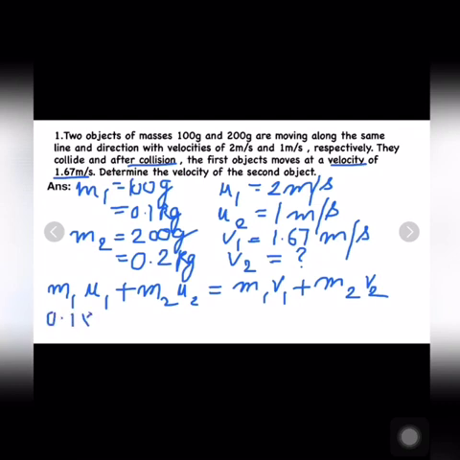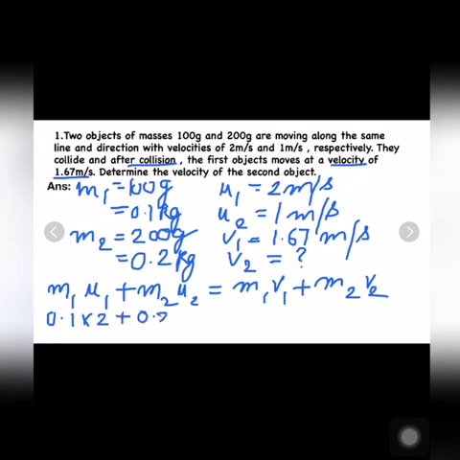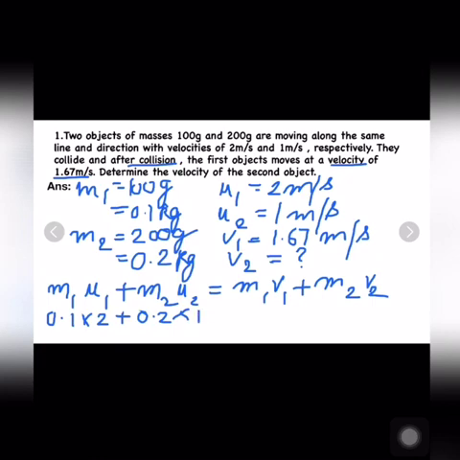So put the values. 0.1 multiply u1 is 2 plus m2 is 0.2 multiply u2 is 1, which is equal to m1 is again 0.1 and v1 is 1.67 and m2 is 0.2 multiply by v2. This you have to find out.